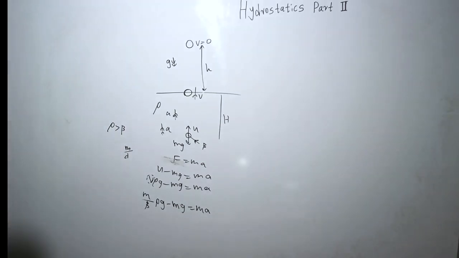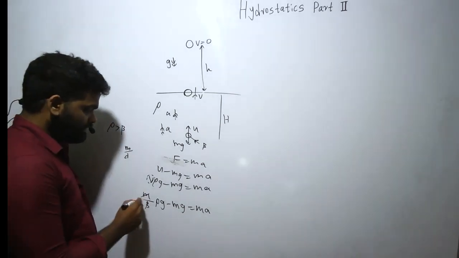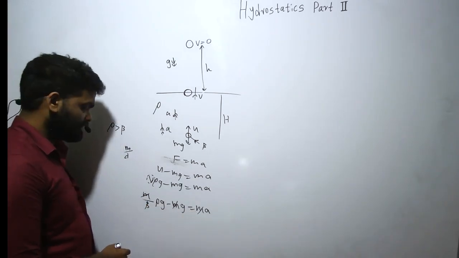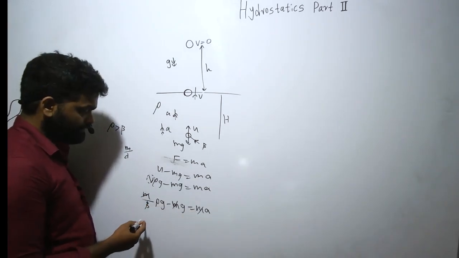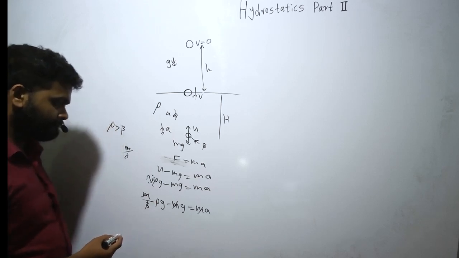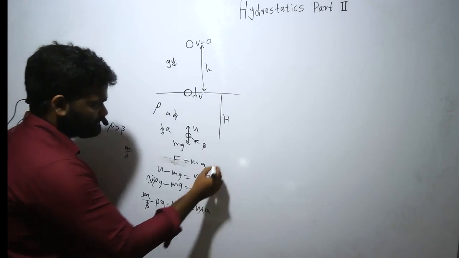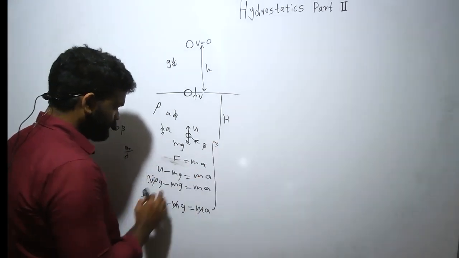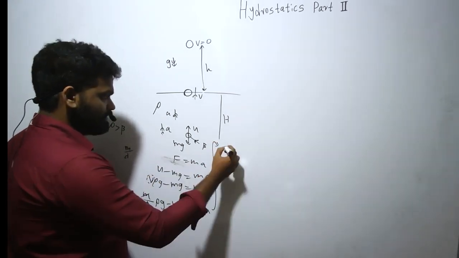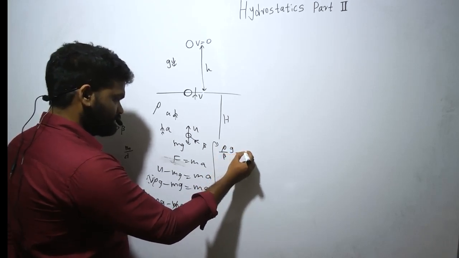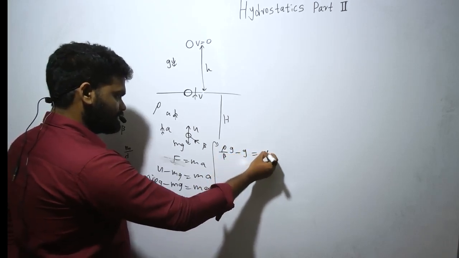Okay. Now you can get rid of simple m, mass of the object. So what do you get? You get rho g divided by beta minus g equals a.